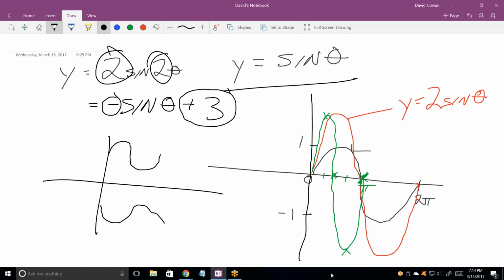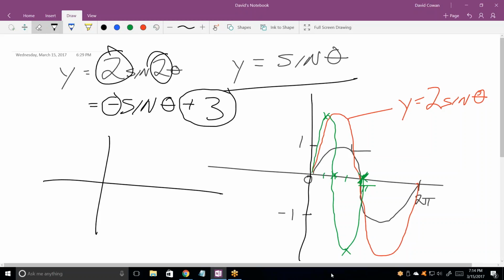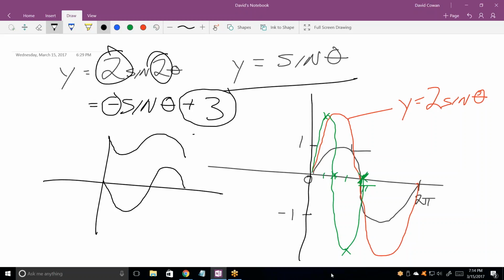But if I reflect the sine curve first, that's the first adjustment. Now if I shift that whole thing up 3 units, notice it's in a different spot entirely.